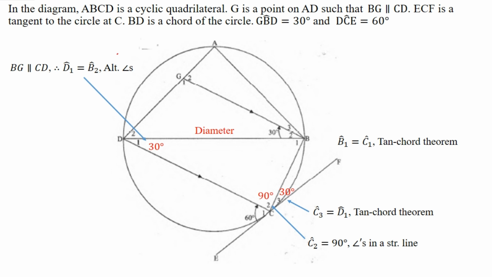So in that case we can look at triangle BCD and apply the tan chord theorem by saying angle B1 is equal to angle C1. Applying the tan chord theorem, therefore the magnitude of angle B1 is 60 degrees.